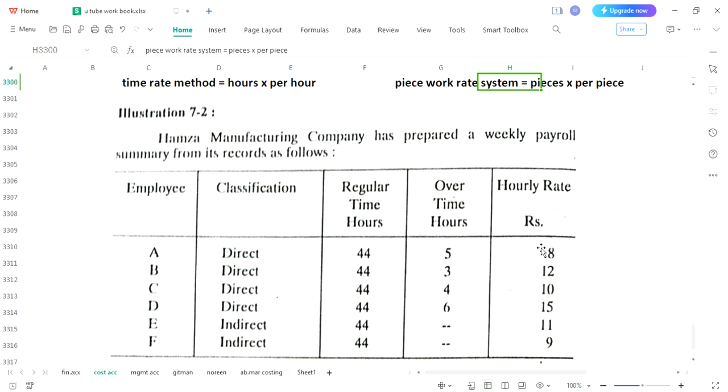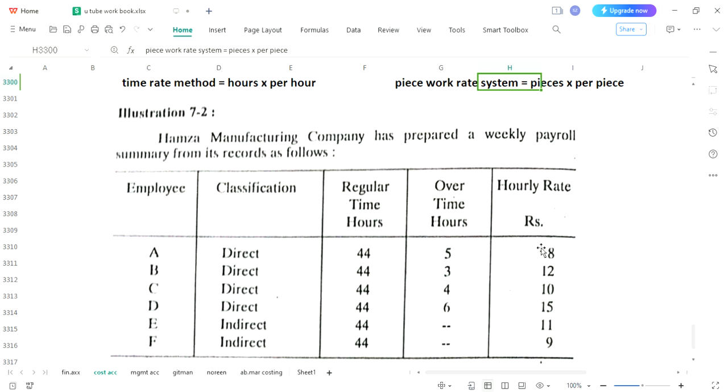So if you want to add overtime in normal hours, it's up to you. If you want to take overtime 100% separately, you can. Both methods were mentioned in this solution, and keep in mind, either you are separating overtime hours or you are including overtime hours in regular wages.